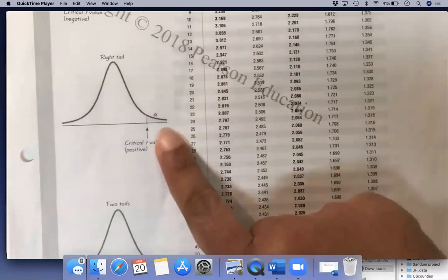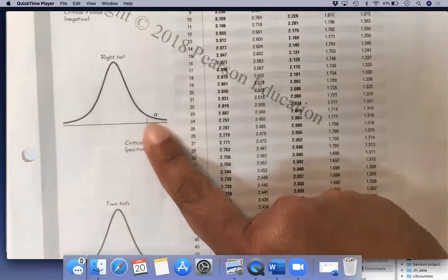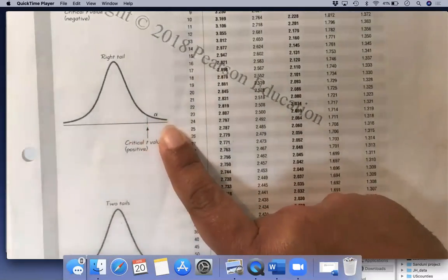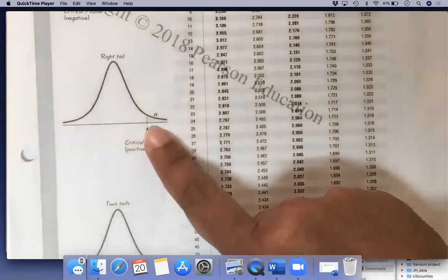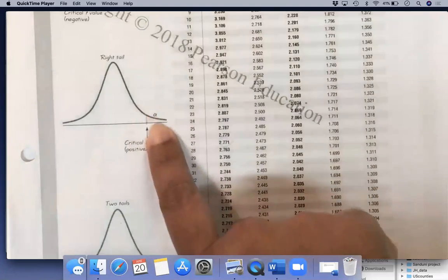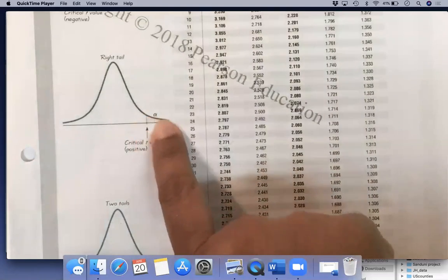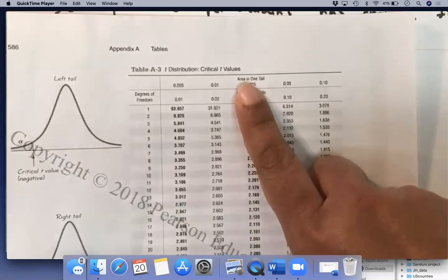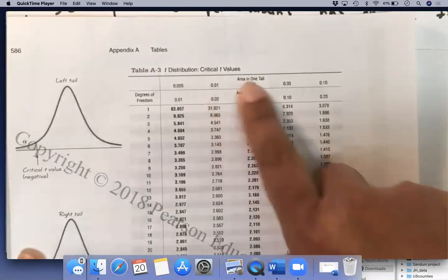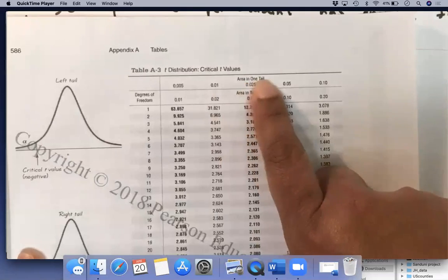Like here, in this second picture, the whole alpha is in your right tail. If it's a right tail test, then your whole alpha significance level is in the right tail. So from here you have to pick the first row. That means area in one tail.